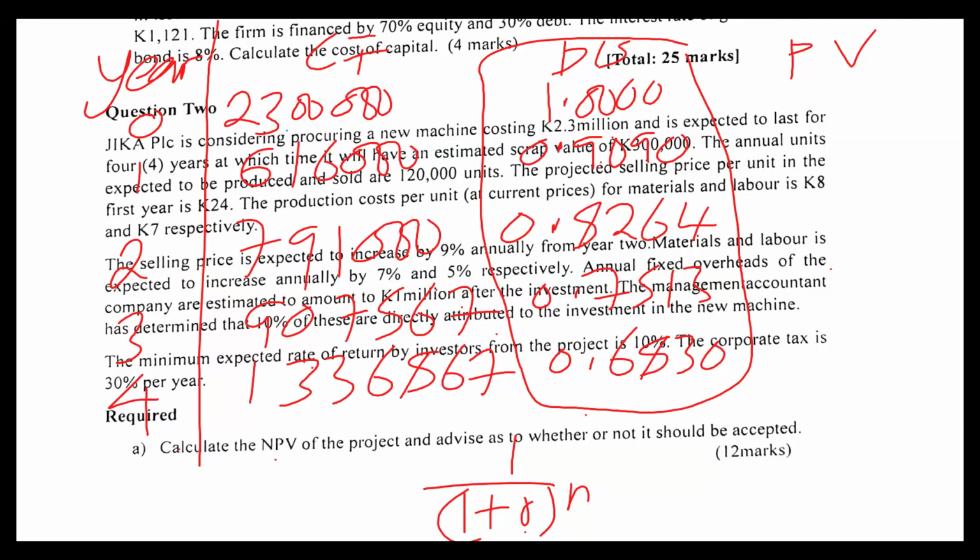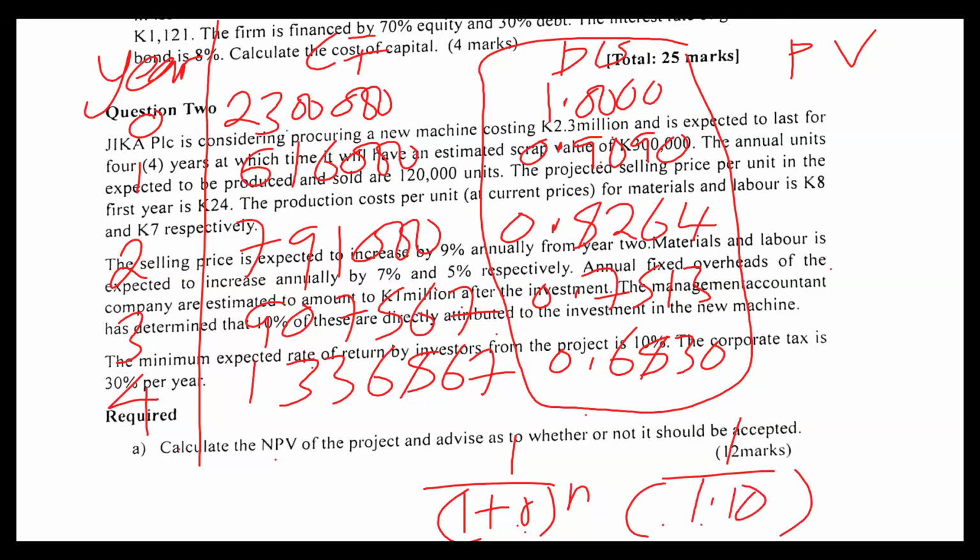So you just say 1 divided by 1 plus our rate, 0.10. The rate should be in decimal. When you add 1 plus 0.10, you get 1.10. Understand?